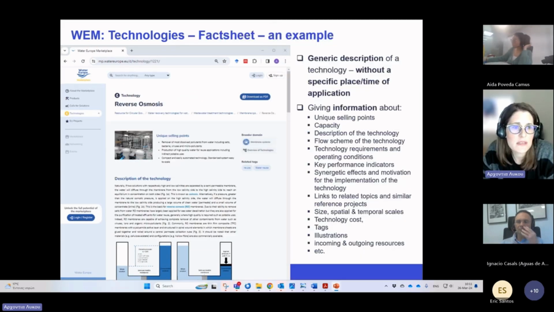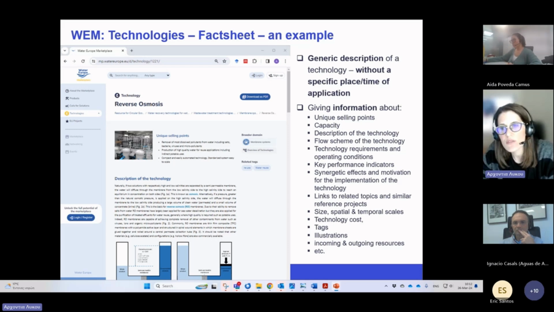Just to give you a better idea, this is a fact sheet of a specific technology. For example, here you may see the reverse osmosis technology. If you navigate in the fact sheet, you will see that the descriptions are generic without any specific reference to a place or a time of application. This is for a client who would like to have a look at the information and decide or start considering if this is applicable to their case.